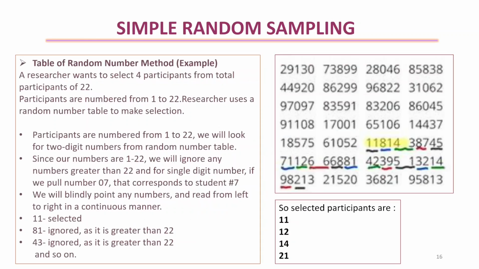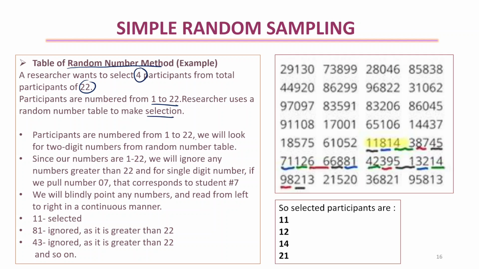Coming to the table of random number method, this method is used very commonly nowadays. So the example is a researcher wants to select 4 participants from a total of 22 participants. Participants are numbered from 1 to 22 and the researcher uses a random number table to make the selection. This is a random number table.